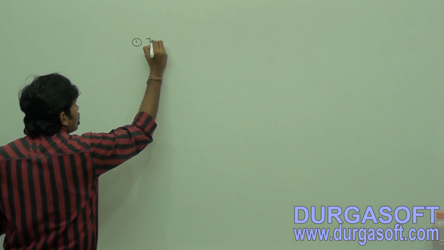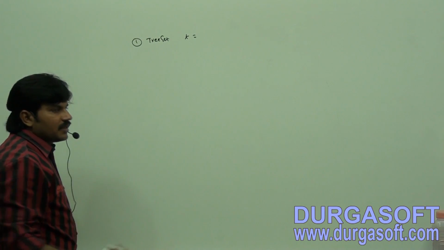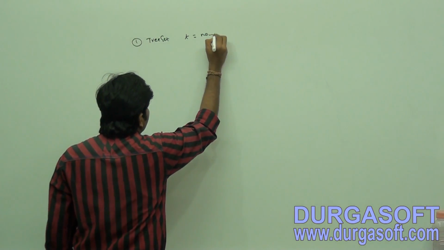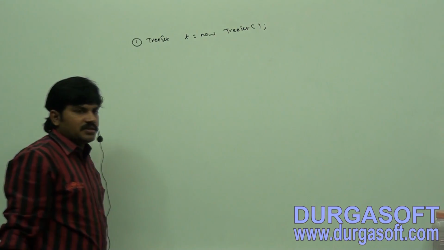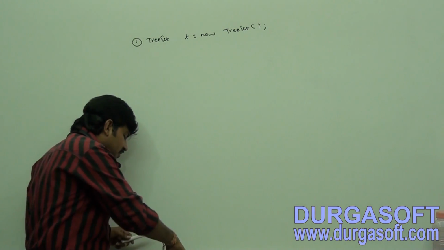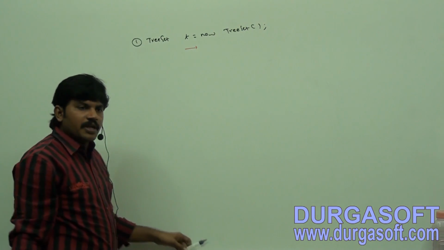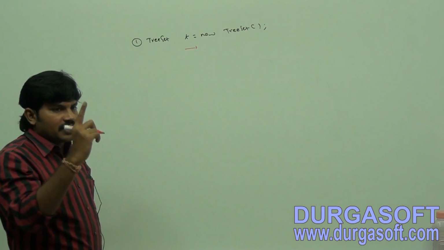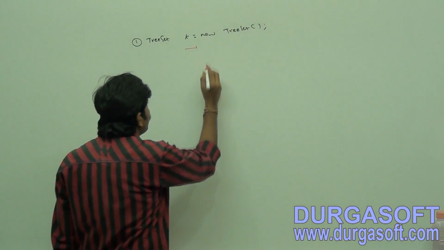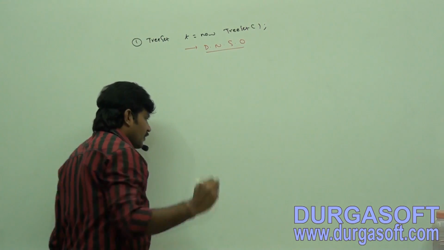Now, TreeSet t = new TreeSet(). It creates an empty TreeSet object, where all objects will be inserted according to the default natural sorting order. Are you getting it?